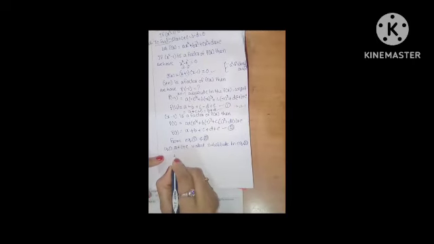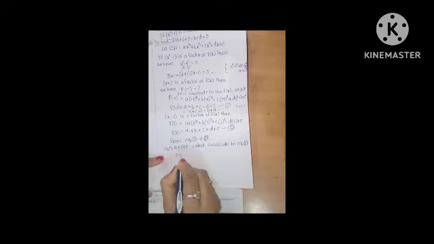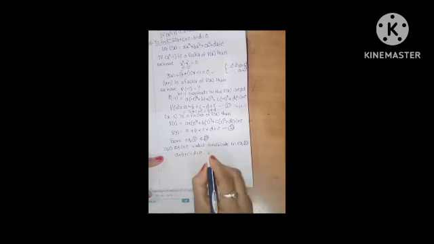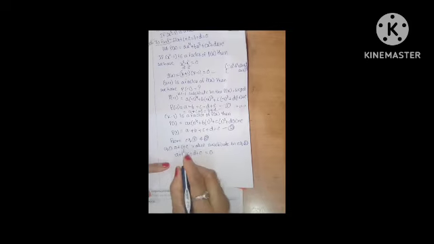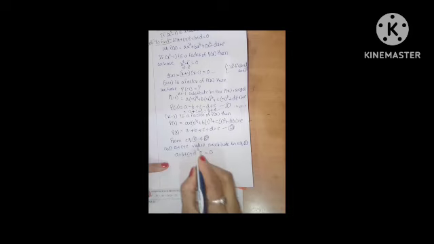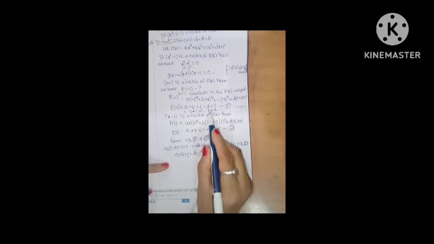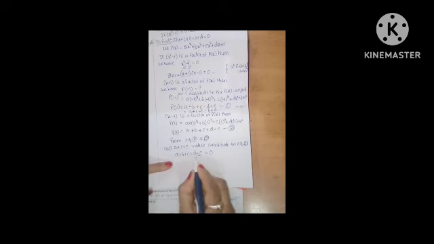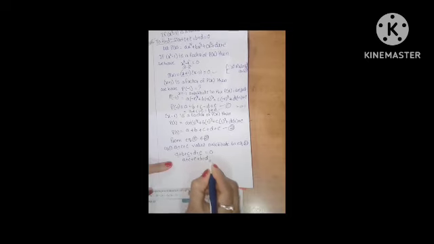Here it is equation 2. What's equation 2? A plus b plus c plus d plus e equal to 0. And next, a plus c plus e value, you got it. What's the value? B plus d value. One more step, a plus c plus e plus b plus d equal to 0.